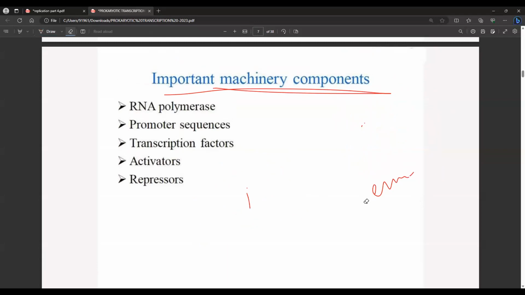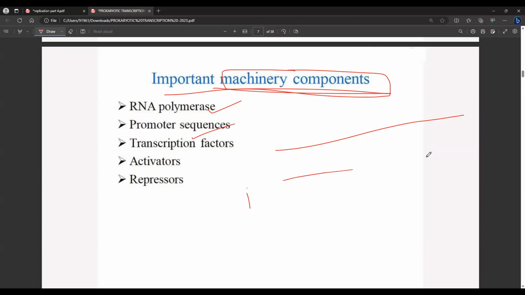Once you arrange all, then only you can prepare a dish. Similarly, if you want to start the process of transcription, first we require machinery. What are those? RNA polymerase enzyme and promoter sequence. In simple words, this is a DNA molecule, correct? And this is an RNA polymerase enzyme. The question is very clear. If the RNA polymerase enzyme wants to synthesize the mRNA, it has to attach to the DNA.